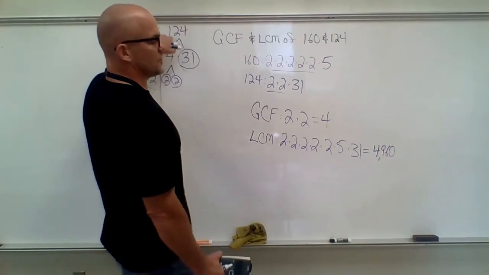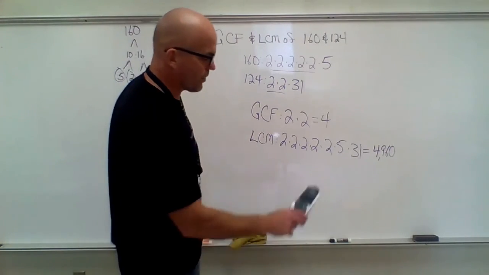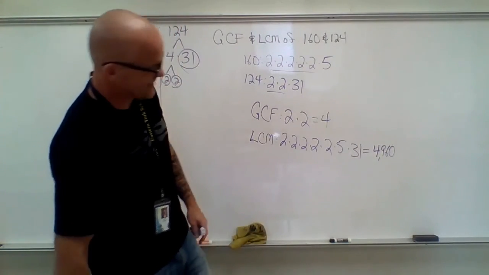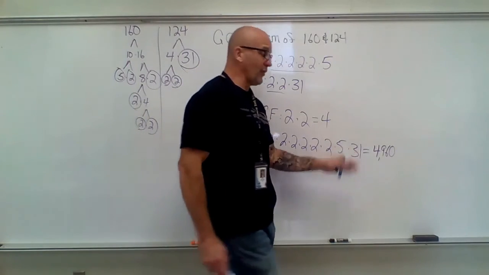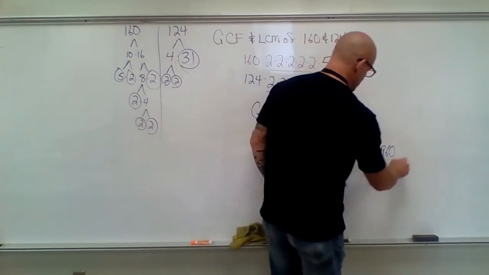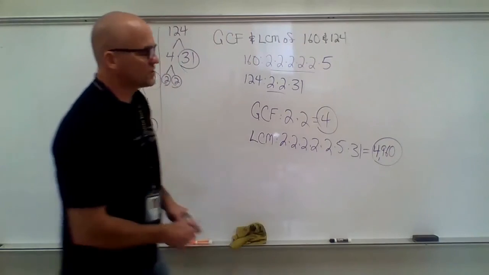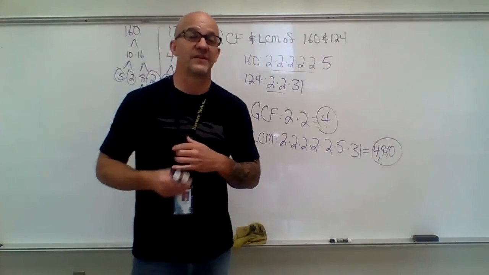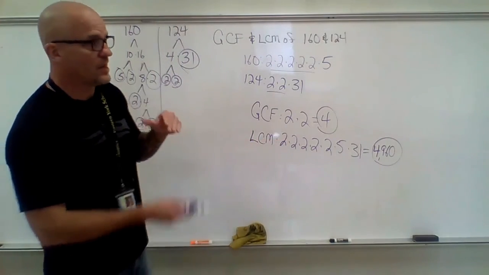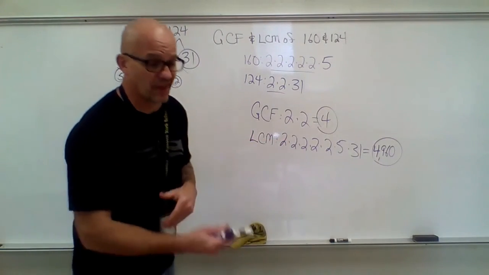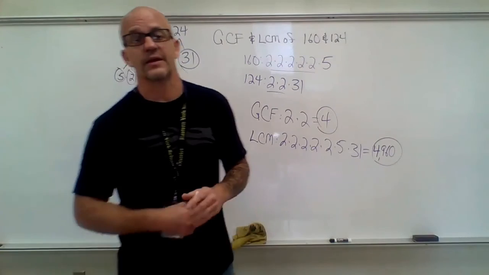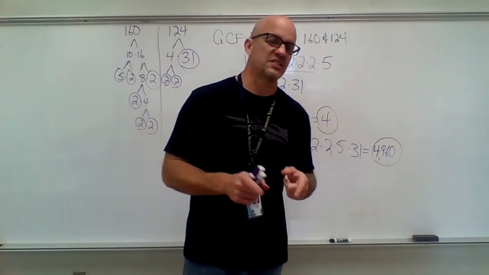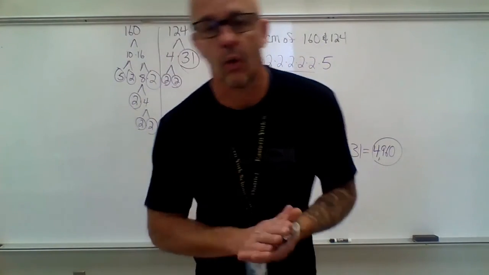I'm also going to need a 31. It's going to be a large number, I believe. So I'm going to save my time by punching it in my calculator: 2 to the 5th times 5 times 31. I'm going to get 4,960.